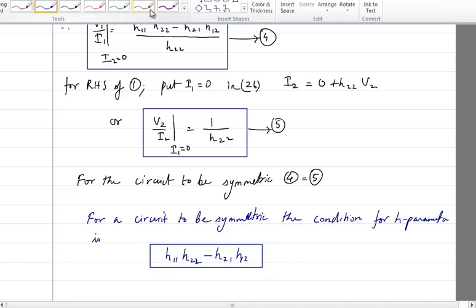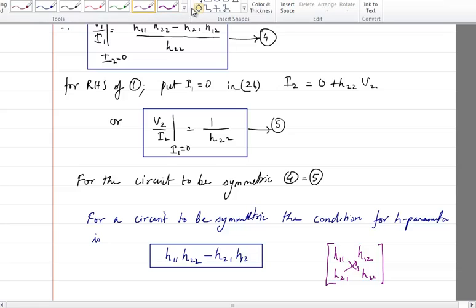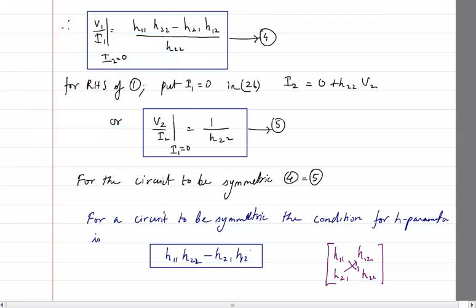If I am going to have an h parameter h11 h12 h21 h22, so what is it saying? It's saying that this minus this, which is actually the determinant, should be equal to 1. I forgot, yeah, the determinant should be equal to 1.